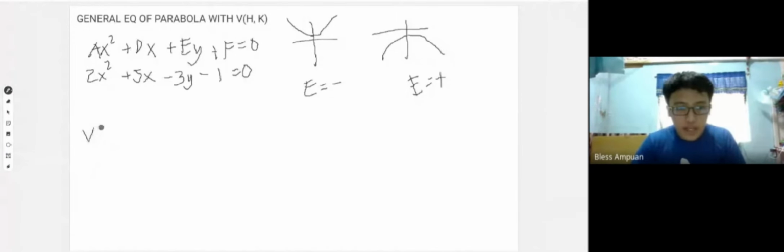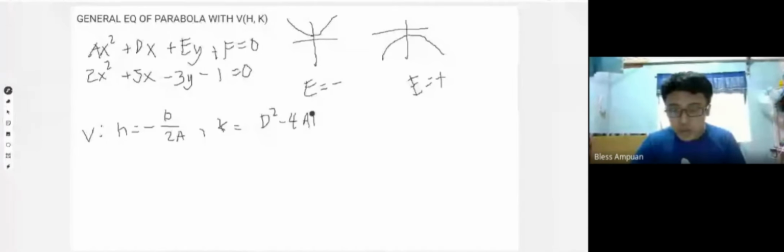So the formula is h equals negative D over 2A. Tapos, to find for our ordinate, k is D squared minus 4AF, divided by 4AE.